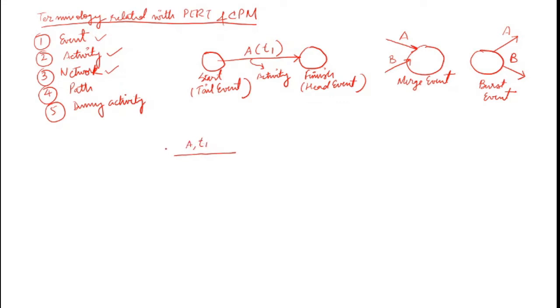It has a start event 1 and an end event 2. Then there are two activities which burst out of 2. This is activity B, it takes time T2.